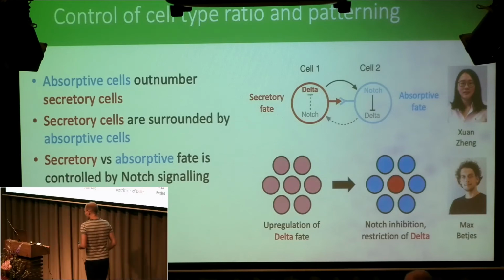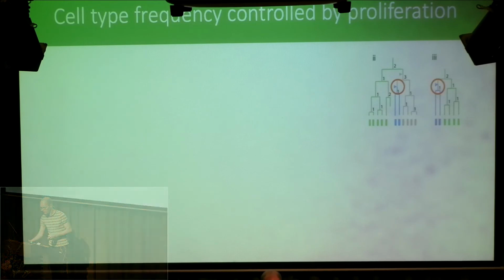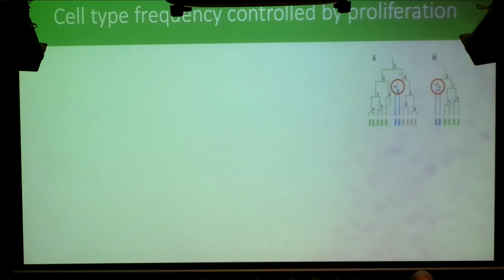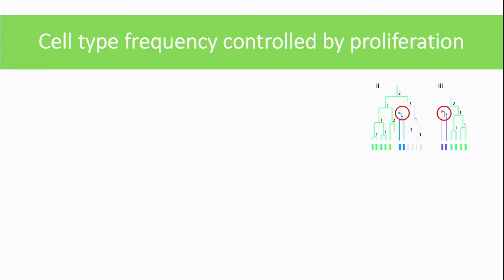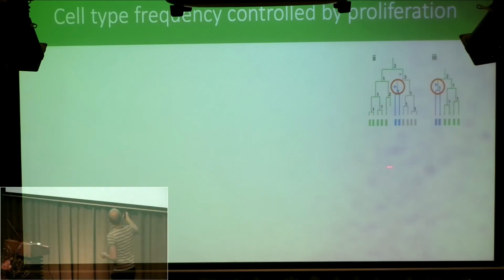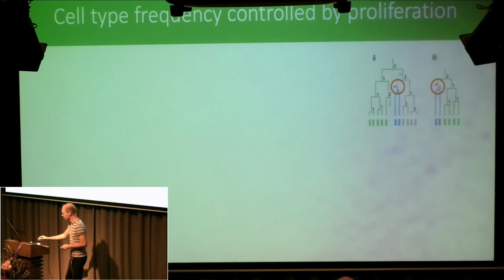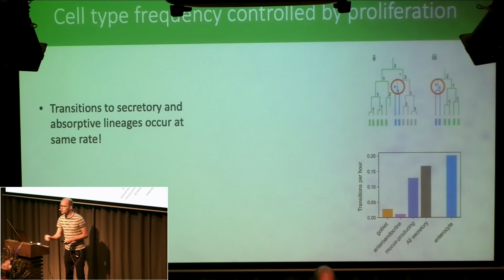So what we did now is that we went back into our data and we asked ourselves, okay, can we see signatures of this? We have these lineage trees, and here we can see, for instance, a transition to absorptive fate. Here we can see a transition to secretory fate. And one thing that we asked ourselves now is, do we find that transitions to absorptive fate happen more frequently than those to secretory fate? And what we find is that this is actually not the case.